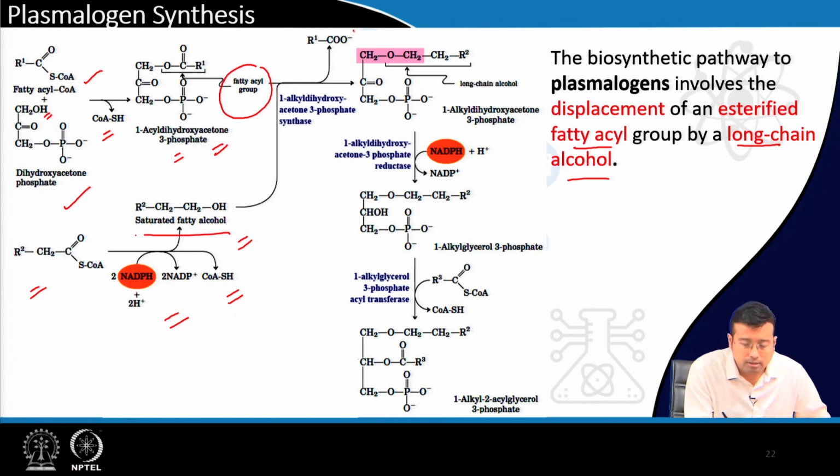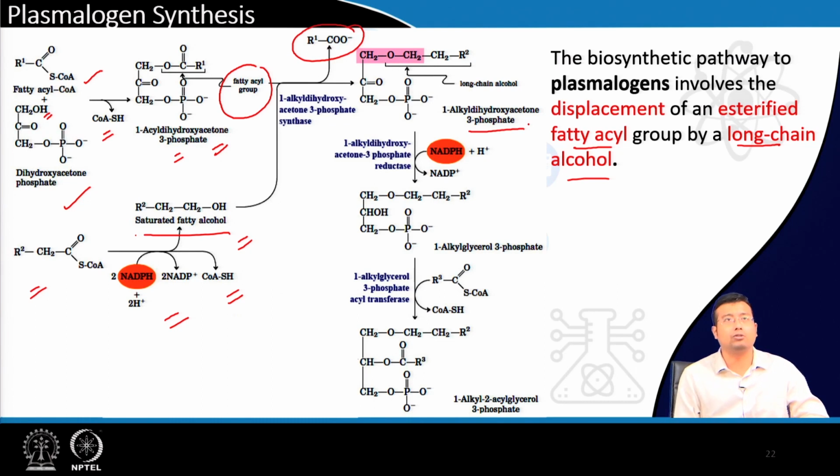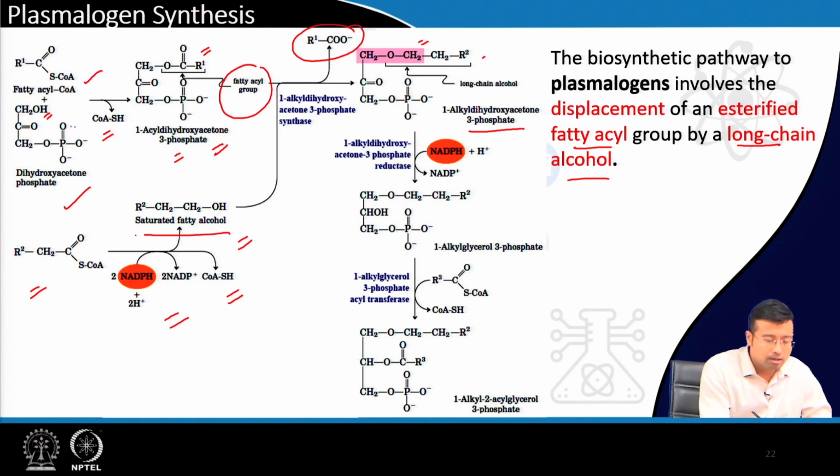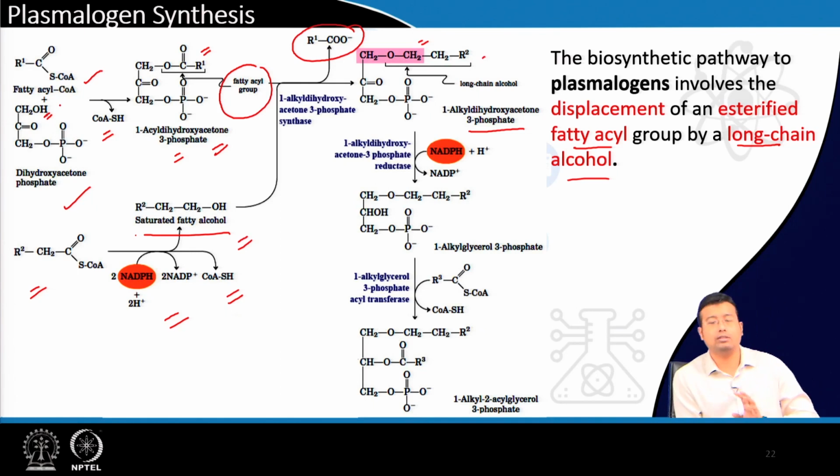The first RCO acyl group is lost and we are left with 1-alkyl dihydroxyacetone phosphate. Basically, what we have done, we have replaced the acyl group with a saturated alcohol. Okay. An alkyl group has replaced the first OH group of dihydroxyacetone phosphate. So, from 1-acyl dihydroxyacetone phosphate, it is 1-alkyl dihydroxyacetone phosphate.